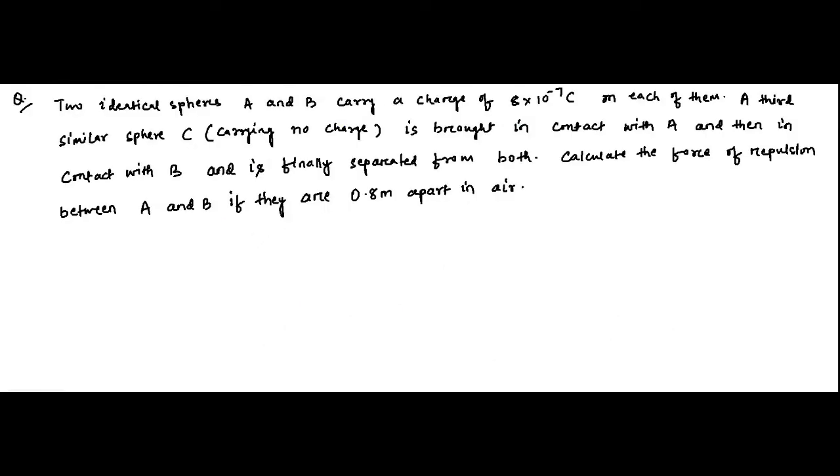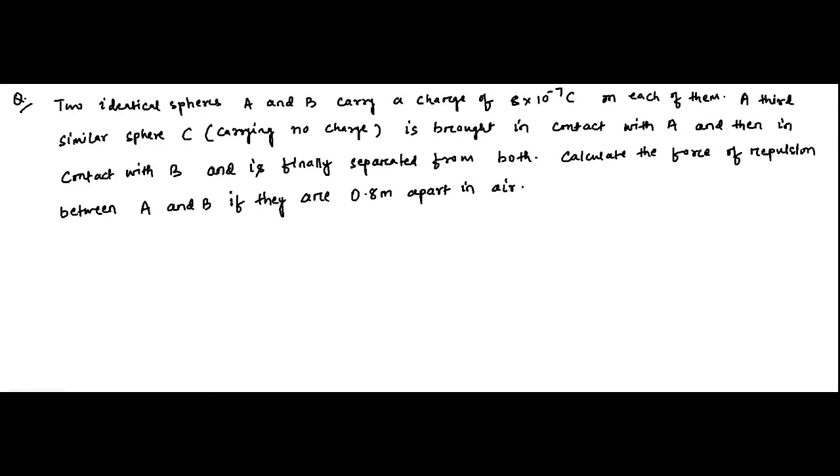Hello friends, so here is another question on electric charge and Coulomb's law. So the question is given as two identical spheres A and B. They carry a charge of 8 into 10 to the power minus 7 coulombs on each of them.